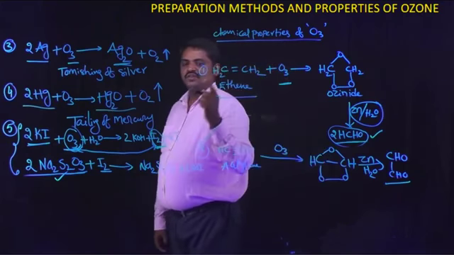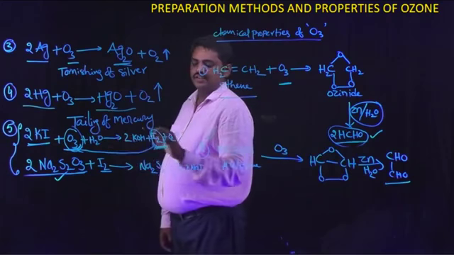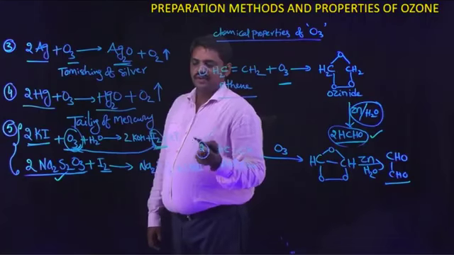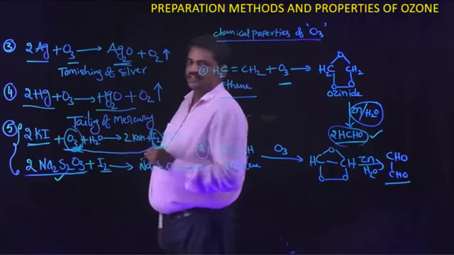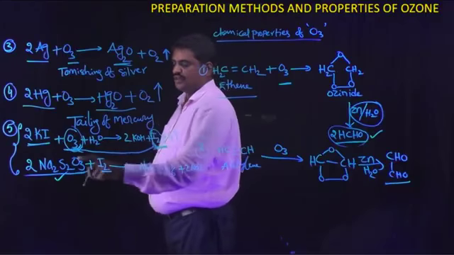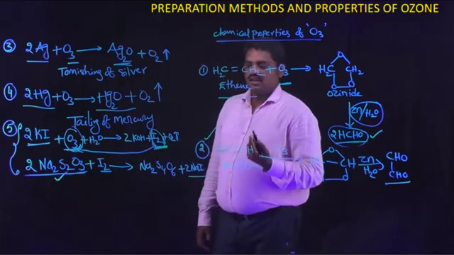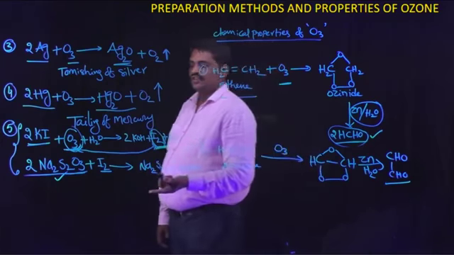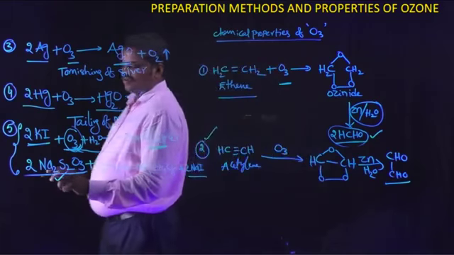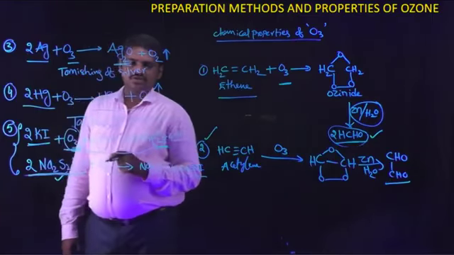And next one, ozone molecule reacts with potassium iodide to produce iodine gaseous molecules. The number of equivalents of I2 is equal to the number of equivalents of O3. And then in the second reaction, the iodine molecule reacts with hypo to produce sodium iodide. These iodine molecules are used to estimate the quantity of hypo solution.